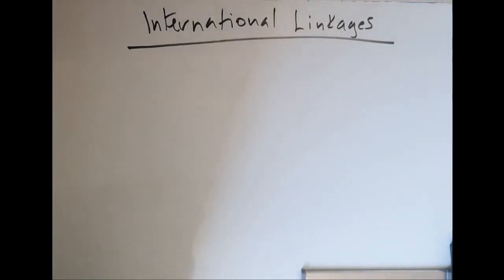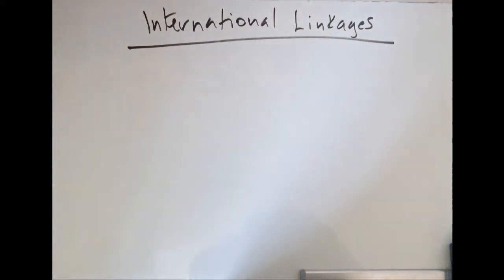So the idea is that part of the output we produce is bought by people in foreign countries, and part of the output we consume is produced by people from foreign countries. So at the end of the day, we are linked through trade.